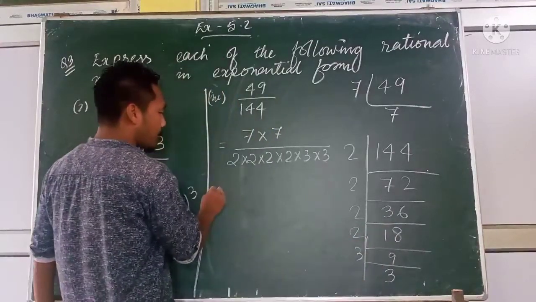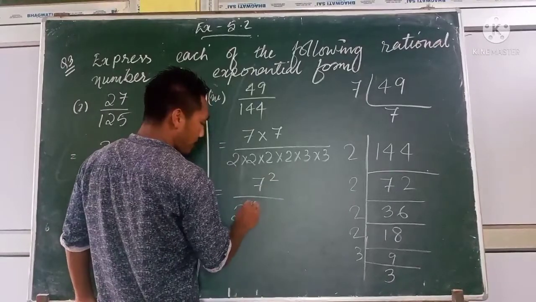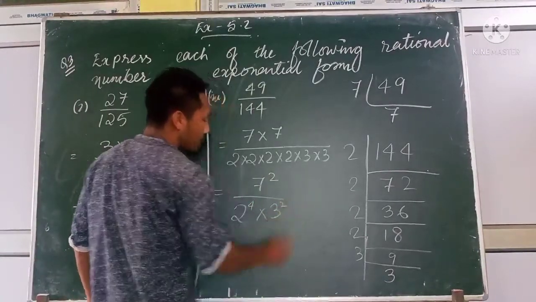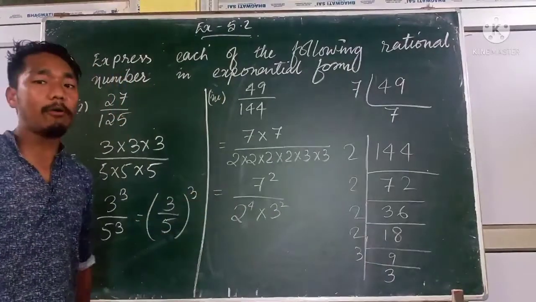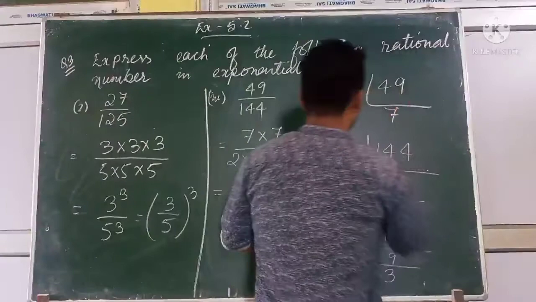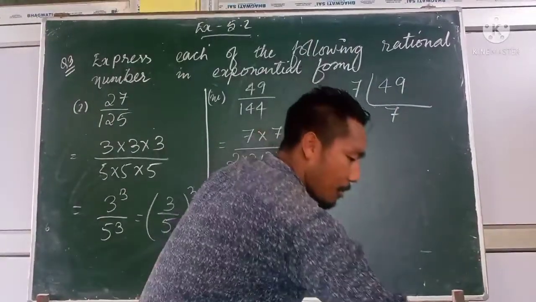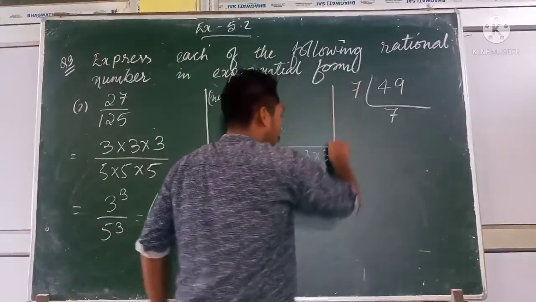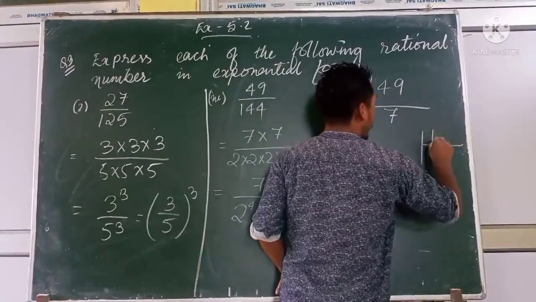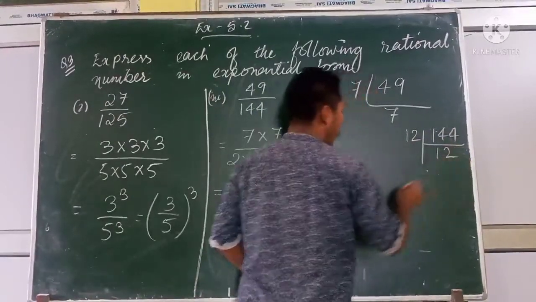So if I talk about this one, I have 7 power is 2, and 2 power we have 4, and 3 power we have 2, squared. So this is also one of the answers. Or simply we can also solve it by this: without using the prime factors, 144 we can write as 12 into 12, which is 144.